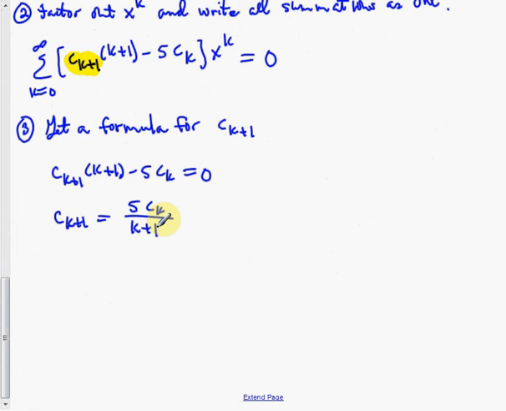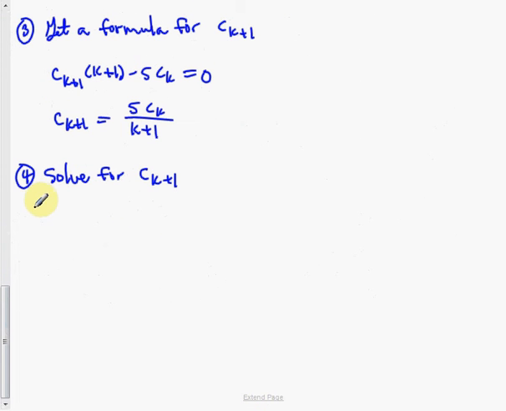Let's see. So step 4. Solve and get a solve for so if k is 0, C1 is equal to 5 C0 all over 1, or just 5 C0.